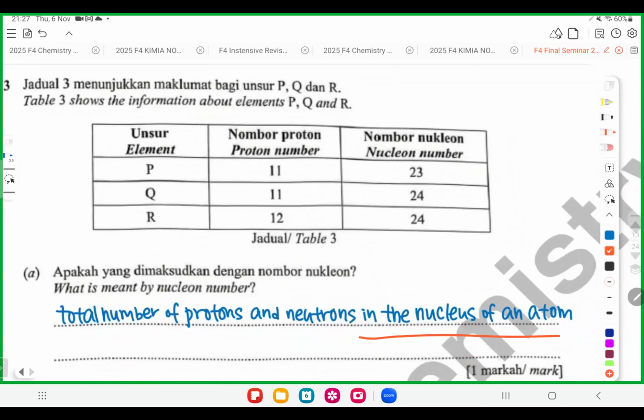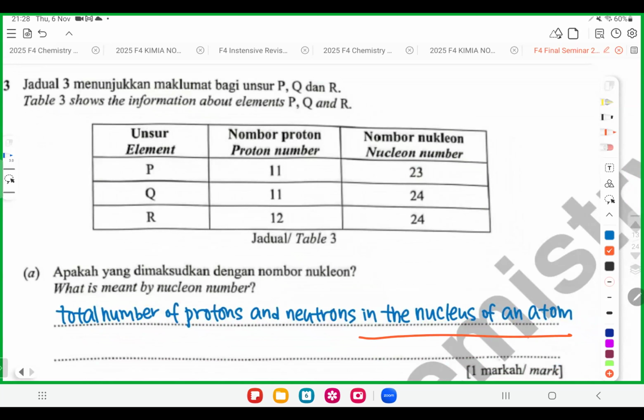If you didn't write in the nucleus of an atom, your mark is gone again. You must tell the examiner the protons and neutrons are in the nucleus. The nucleus belongs to whom? Belongs to an atom. Okay, so nucleon number is the total number of protons and neutrons in the nucleus of an atom.